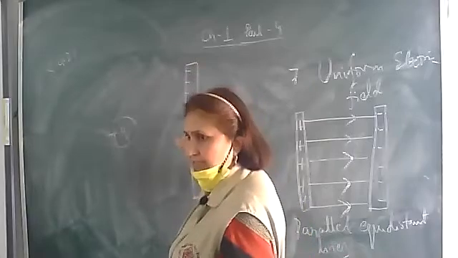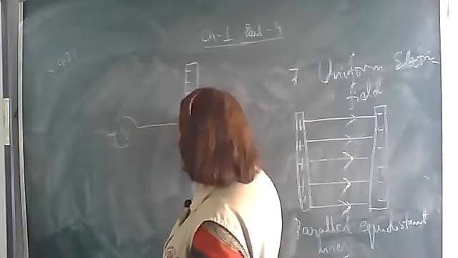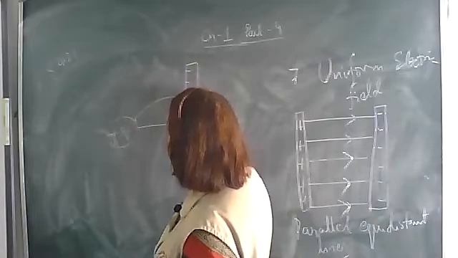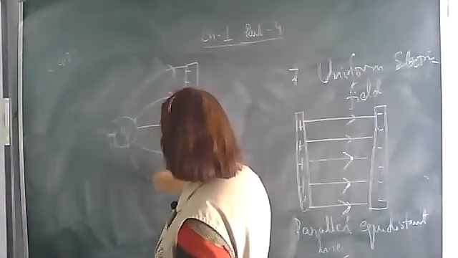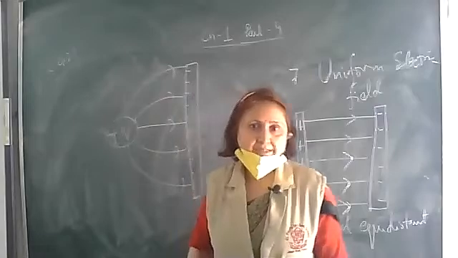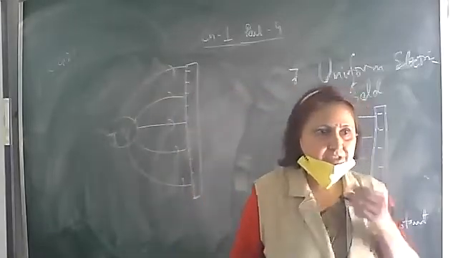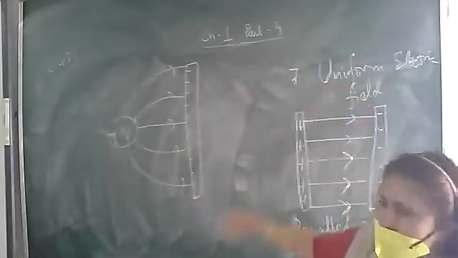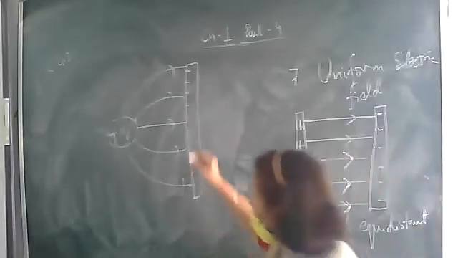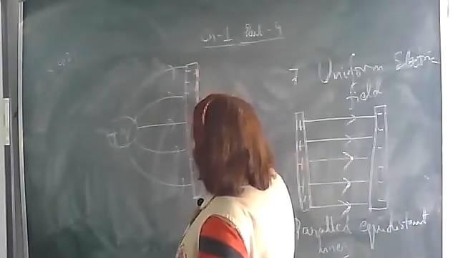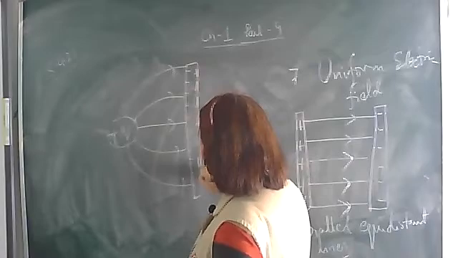Due to induction, negative charge has come here. Now draw it. Positive to negative charge. So this is the pattern of the electric lines of forces when a positive charge is placed in vicinity of some uncharged sheet. Okay, so due to this positive charge, negative charge will come here, and positive charge on the other end.